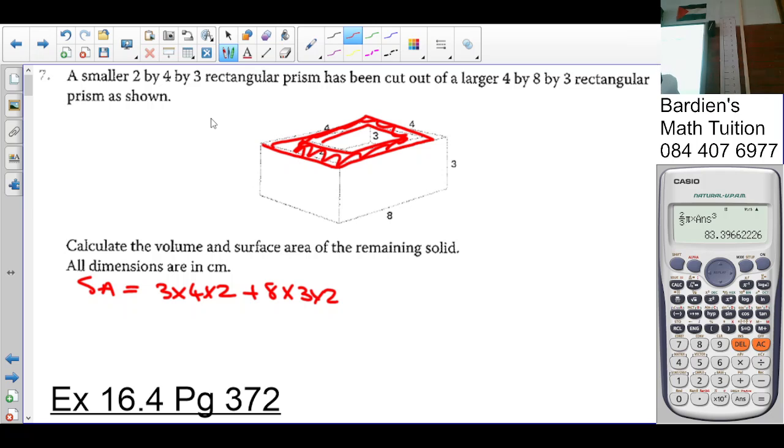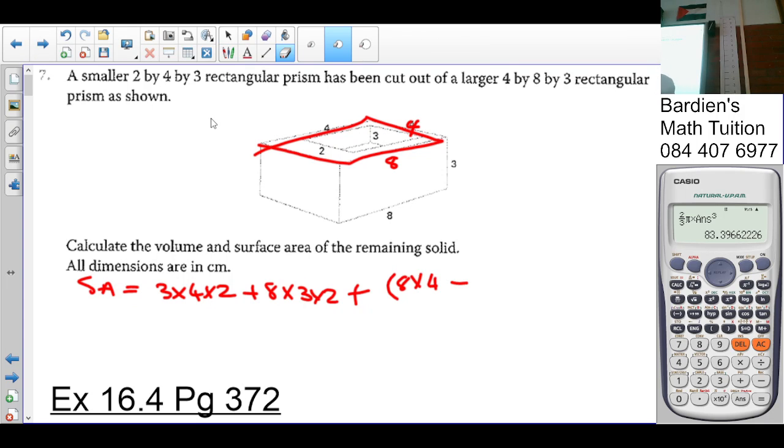In other words, I must add the area of the big piece, the big one. So that measures 8 by 4, not so. So it's 8 times 4 minus the area of that on the inside now. Can you see that?